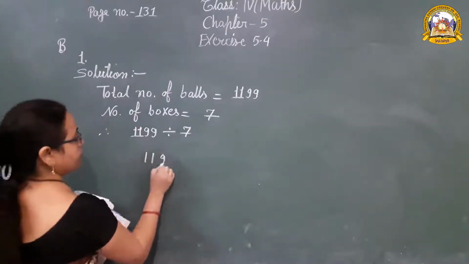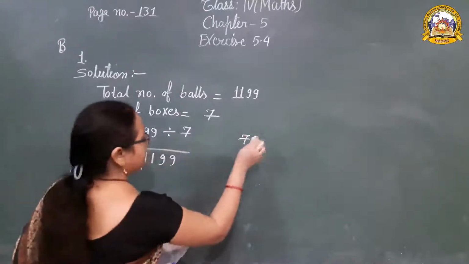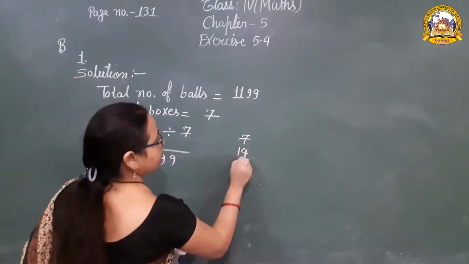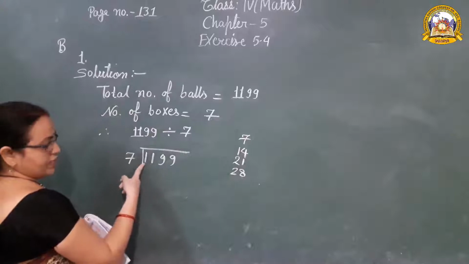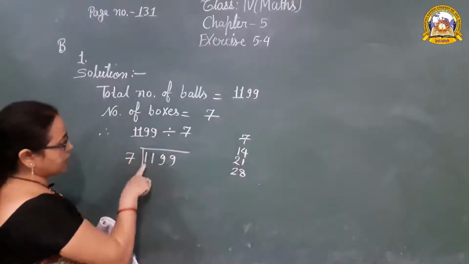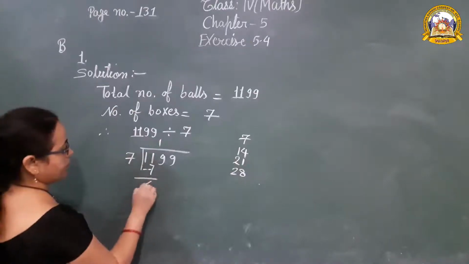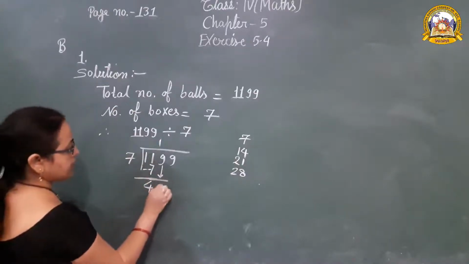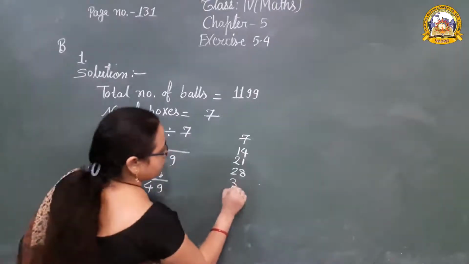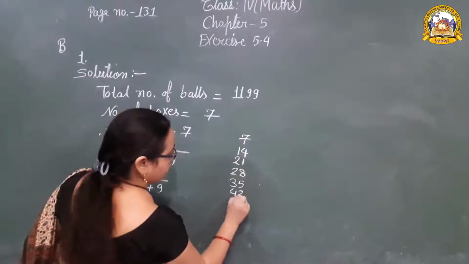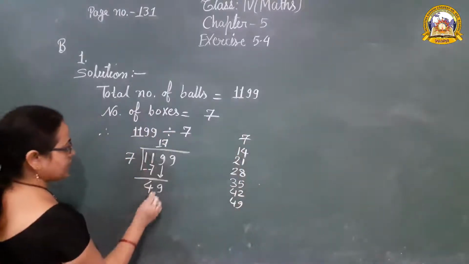So first we write the table of 7. First digit 1 is not possible, so we take the 2 digits, 11. How many times? 1 time. 4, put down the next digit, the number becomes 49. 7 sevens are 49.